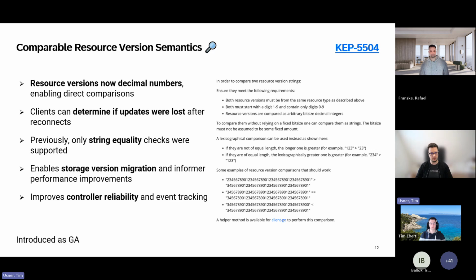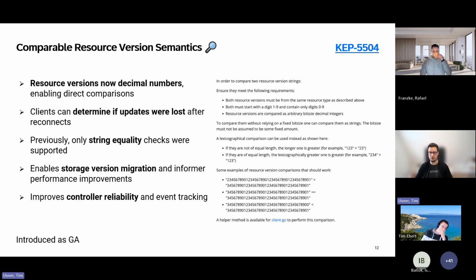And then you would overcome this restriction, which was earlier in place. Another point which is now being considered stable is that you can compare resource versions. Earlier it was only supported for simple equality for those resource versions, so you could only check for equals or not equals.